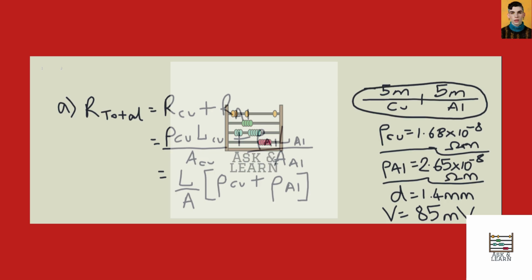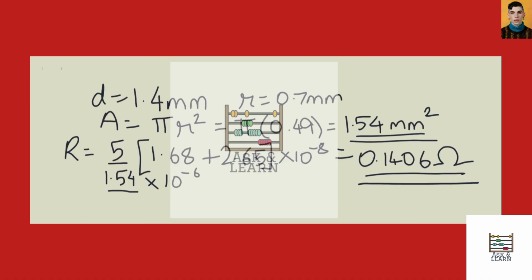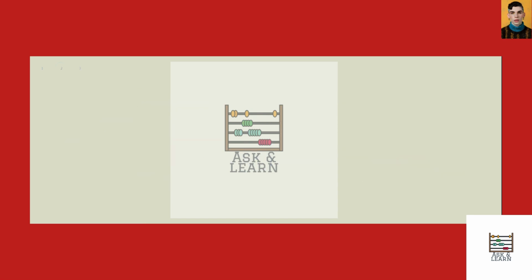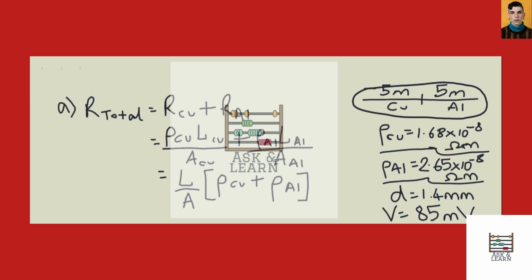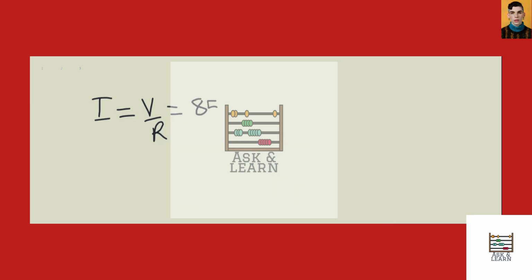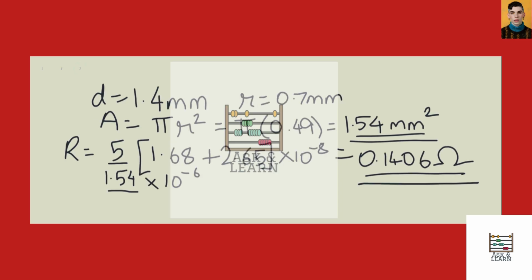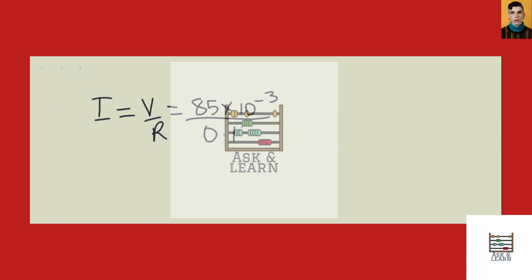The next thing that's asked is what is the current through the wire? That's simple. We know the voltage and we also know the total resistance. So I is going to be V over R, and that's going to be 85 times 10 to the negative 3 divided by 0.1406.